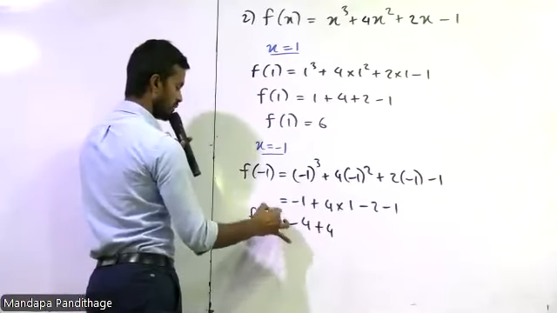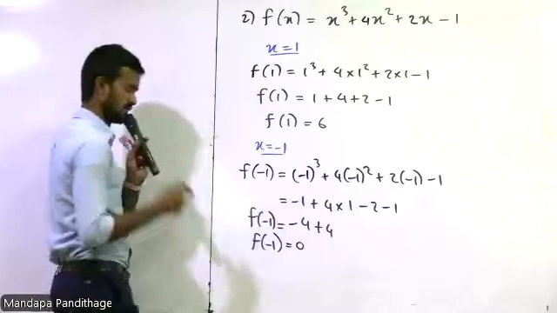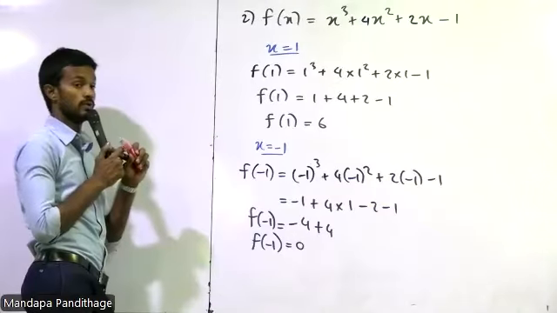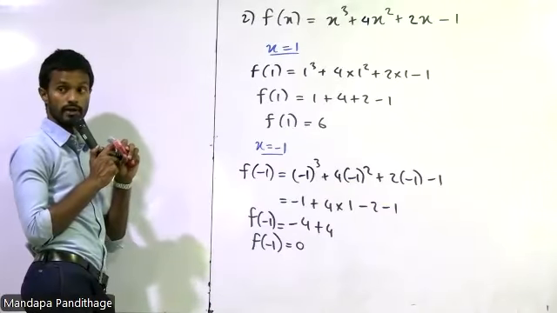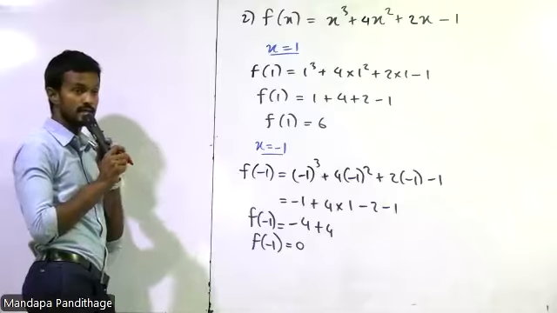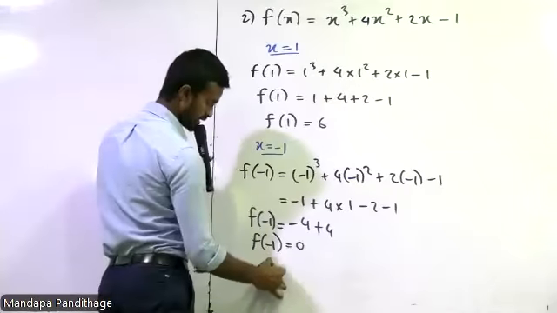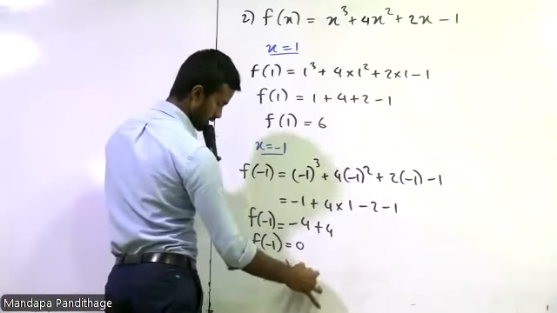I only care when I get 0. f(-1) is equal to 0. What does the converse of factor theorem state? x plus 1 is a factor. Okay, so step 1 is done. x plus 1 is a factor.